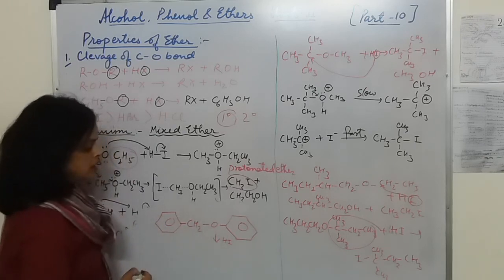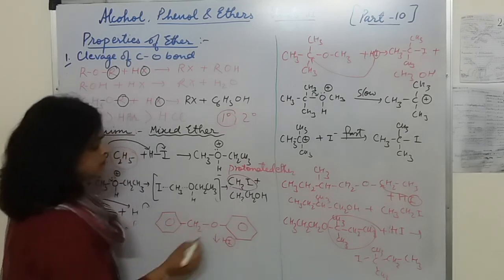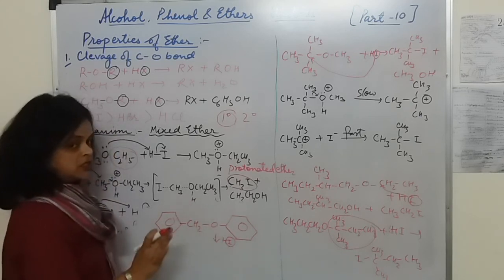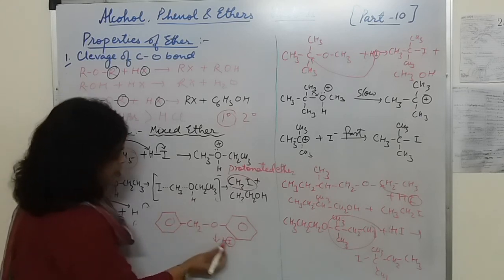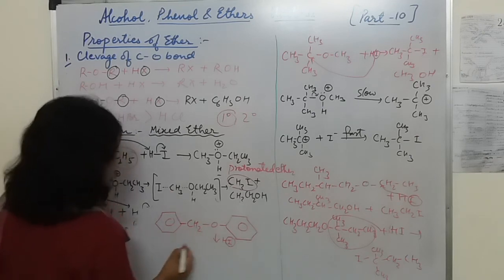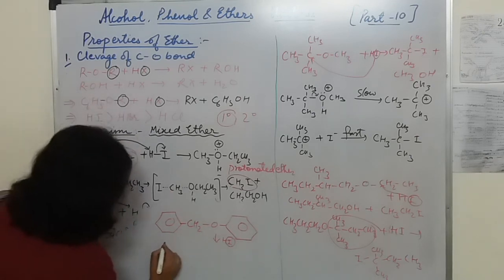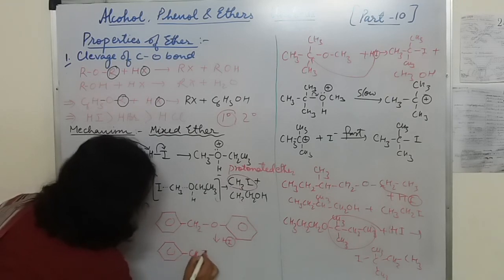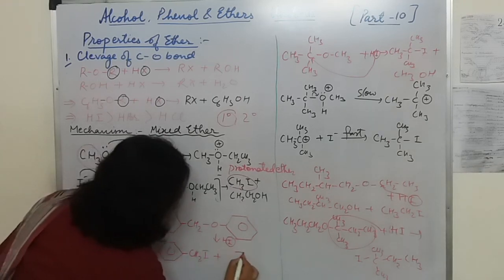So which one should iodide prefer here? Because we had already discussed that this bond is comparatively stronger. So iodide will go to the CH2 and the structure will be CH2I along with this OH.